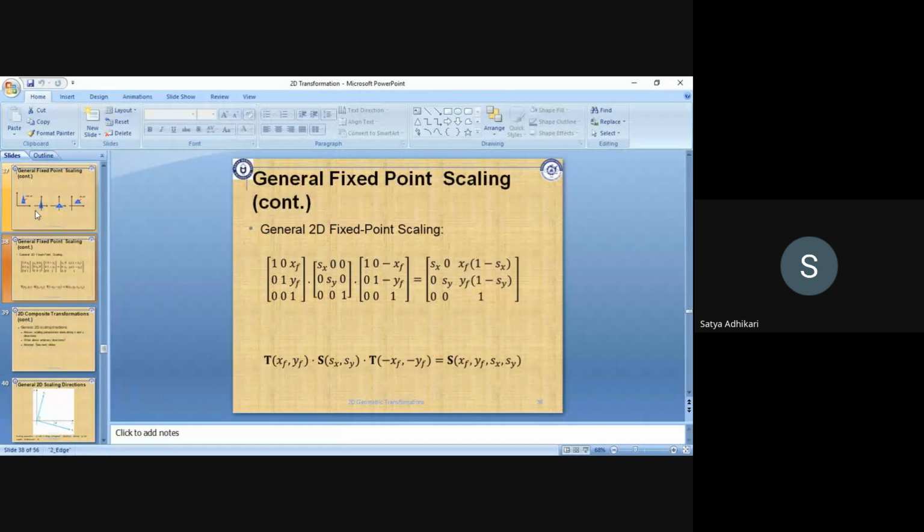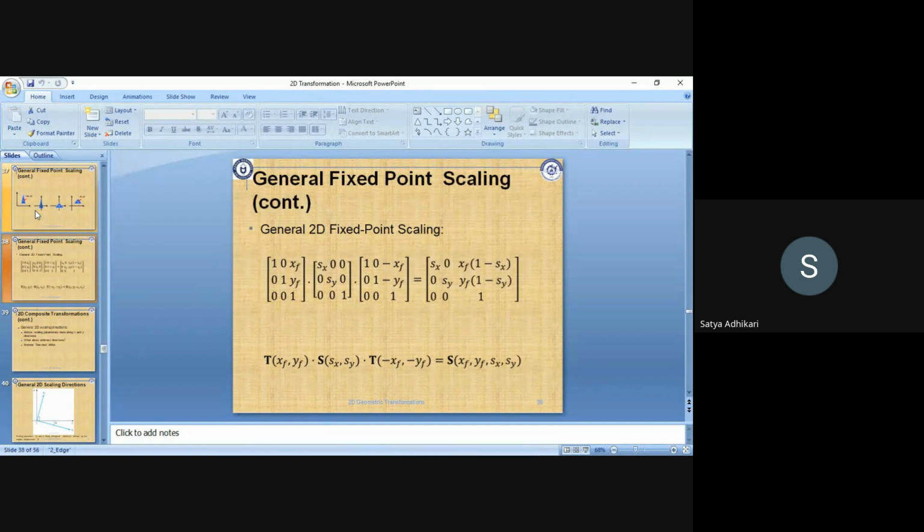So this is also a composite transformation. First the translation, then the scaling, then again the inverse translation. So this is the matrix form of the general fixed point scaling.